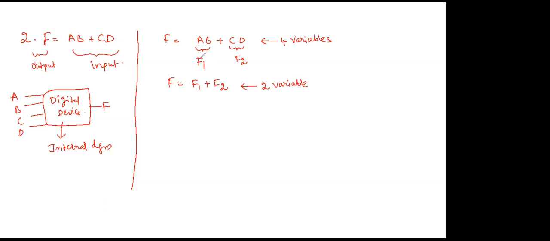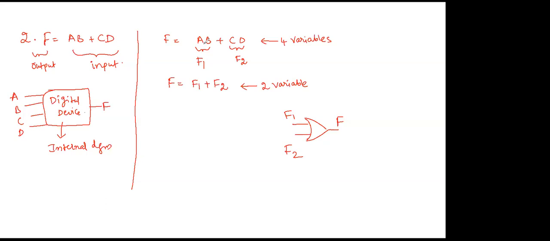I am giving AB the name F1 variable, CD the name F2 variable. Now F1 plus F2 is nothing but a simple OR gate. So you will get F, where the inputs are F1, F2.